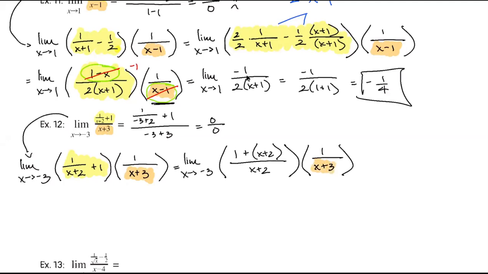So there's my original denominator, and this is my numerator and denominator. I just created a common denominator of x plus 2, okay?